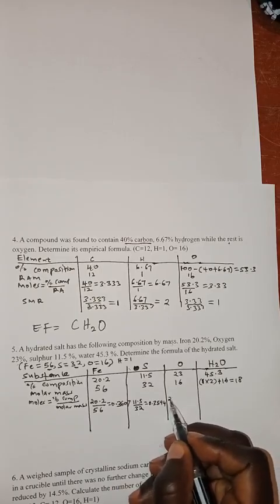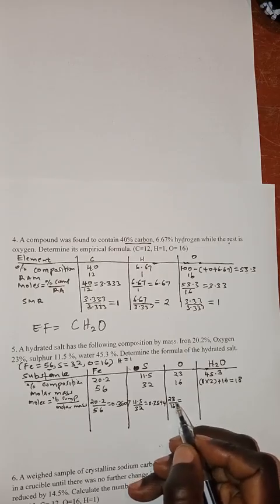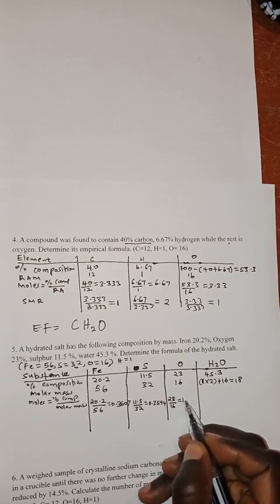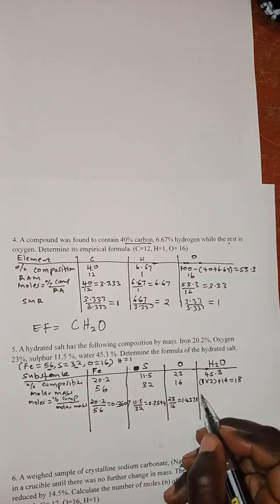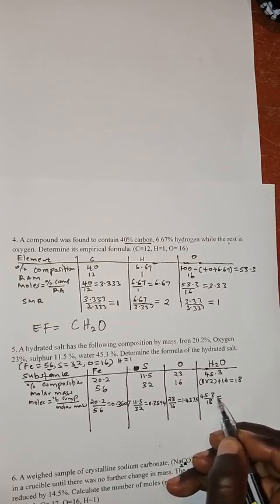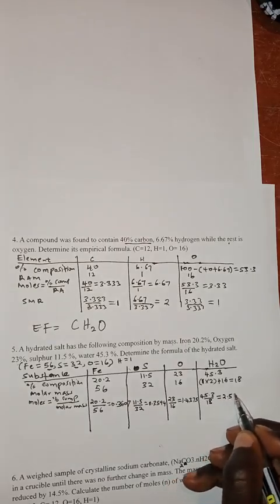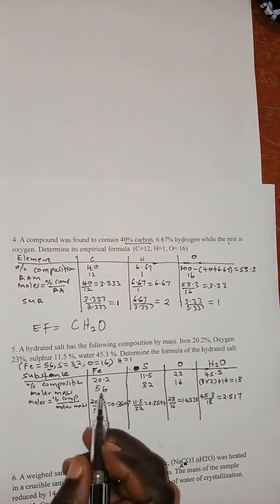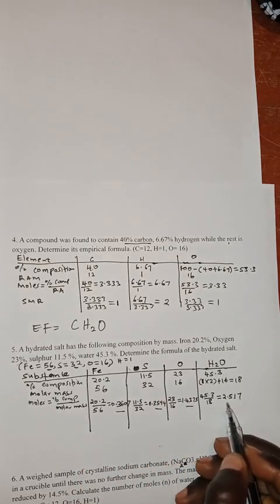Oxygen is going to be 23 divided by 16, and that gives 1.4375. Water is going to be 45.3 divided by 18, which gives us 2.517. Then we have gotten the moles of iron, moles of sulfur, moles of oxygen, and moles of water.